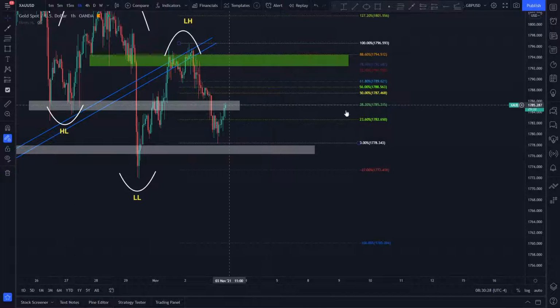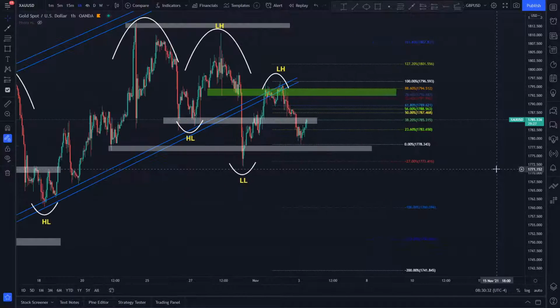Exactly. So now we know that we want to have a bearish continuation.